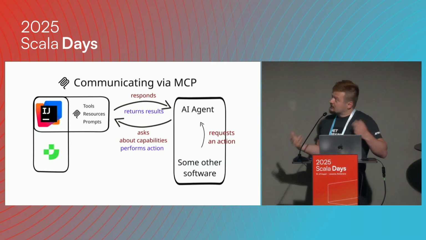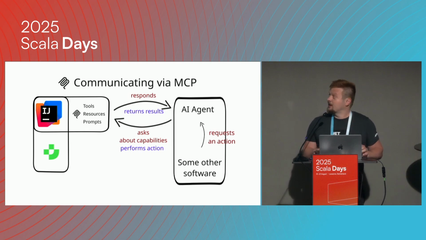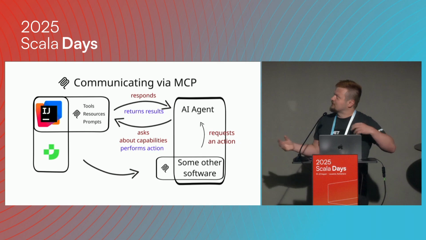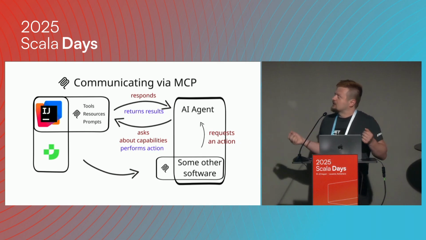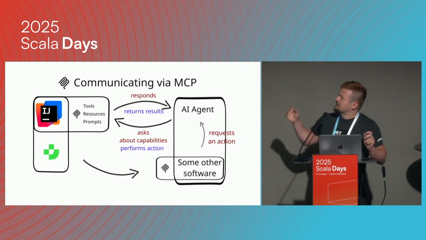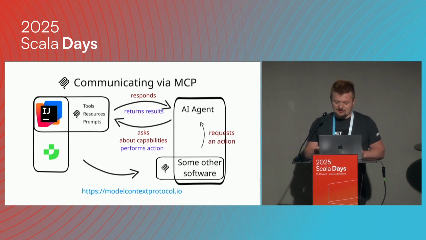On the other hand, because we have the Junie AI agent on the side of IntelliJ, it can also work both ways. We can have some other software, whatever, for example, we had experiments with the Claude desktop application, and if that other software also presents MCP data, then Junie can use it to do something.